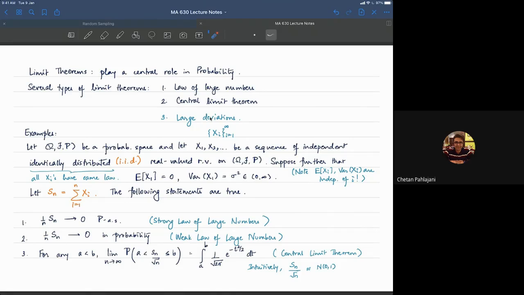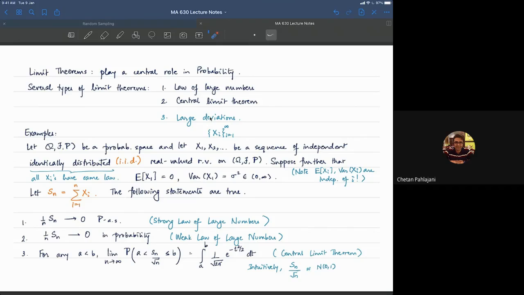Okay, so for L2 random variables, we have already seen a weak law of large numbers. If I say 1 over n Sn goes to 0, that's a law of large numbers. If this goes to 0 in probability or in L2, then it's a weak law of large numbers. Now for L2 random variables, I believe we have done a weak law of large numbers.